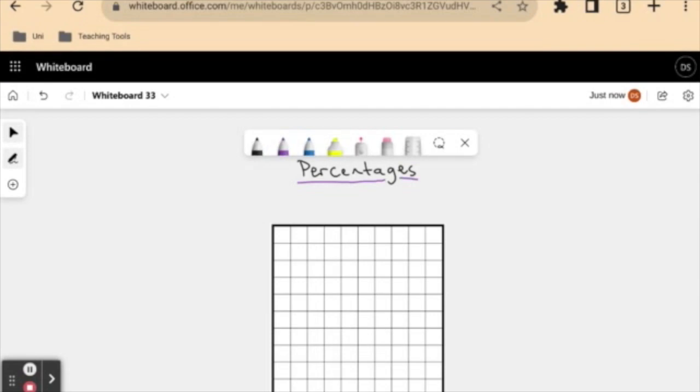Now, the actual definition of a percentage is essentially a number that represents a fraction of 100.